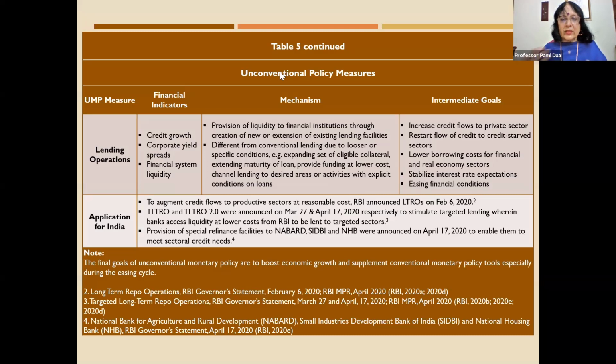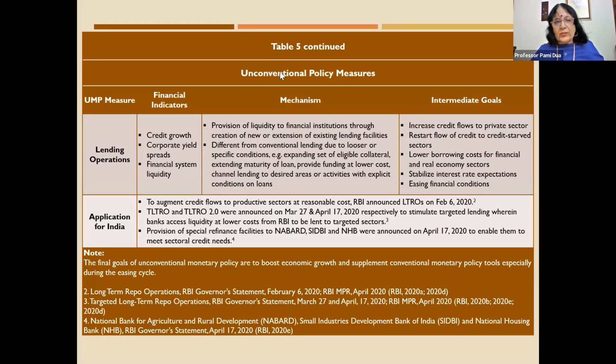So it's not just the conventional lending: you're lending against an expanded set of collateral, or you're lending at a lower cost, or you are extending the maturity of the loan. So you're making borrowing easier. This also includes lending to a targeted sector. If there is a particular sector that you want to target growth in, then you're lending to that sector.